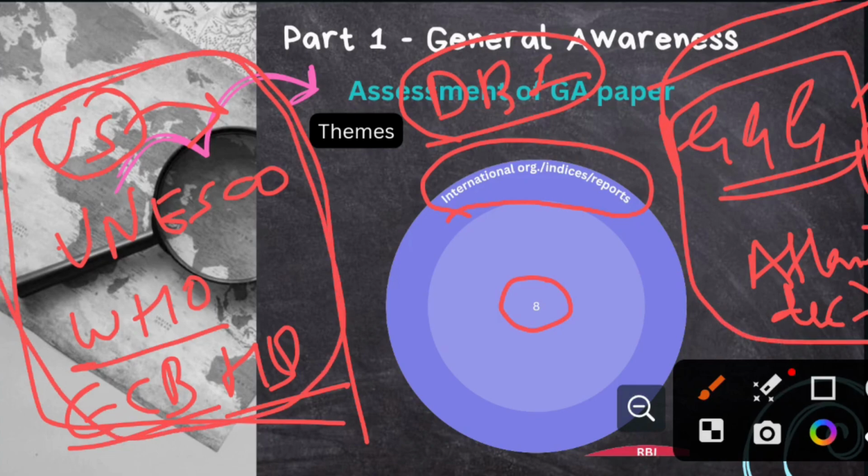So the learning from this is that international organizations and reports are something one needs to follow. This is consistently asked in the GA paper, but the question is how do you read these? Up to what depth?